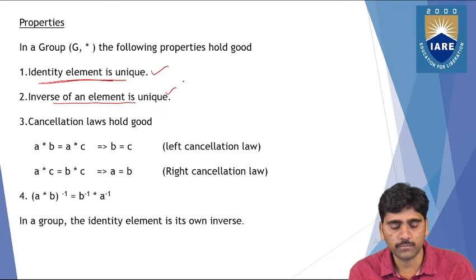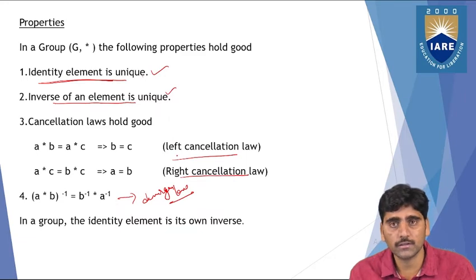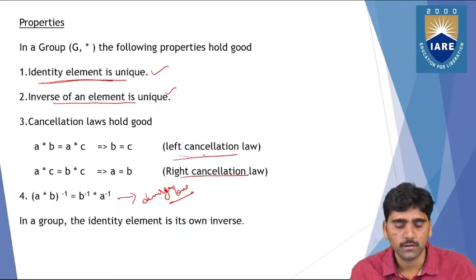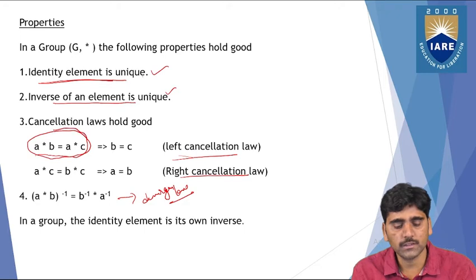Along with this, it follows De Morgan law, and left cancellation law, right cancellation law. So what do left cancellation and right cancellation mean? See here, A star B equals A star C. From this expression, you can see the A value, B value, C value.